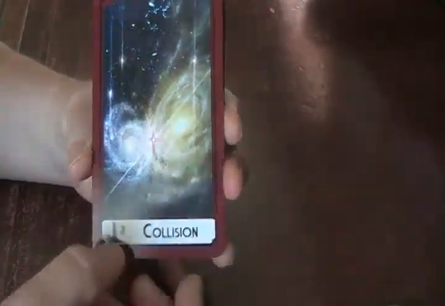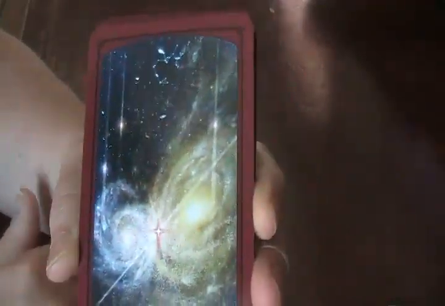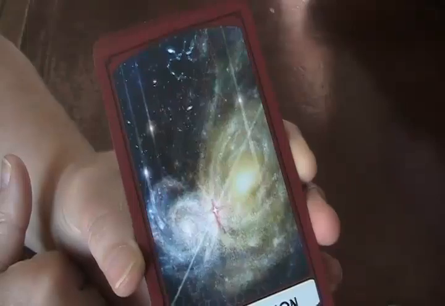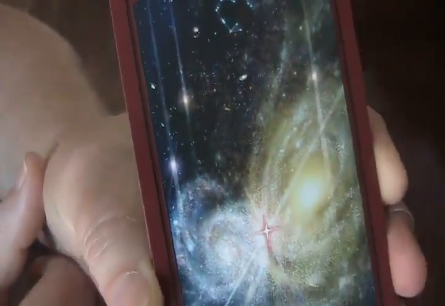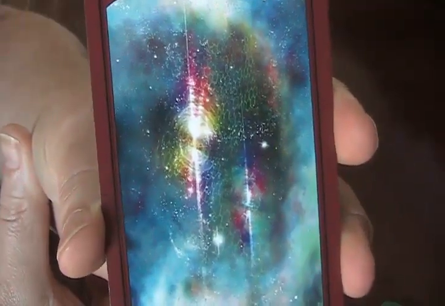Collision. This is two spiral galaxies colliding. And that has apparently happened before and will happen again. Star nursery, where stars are born.